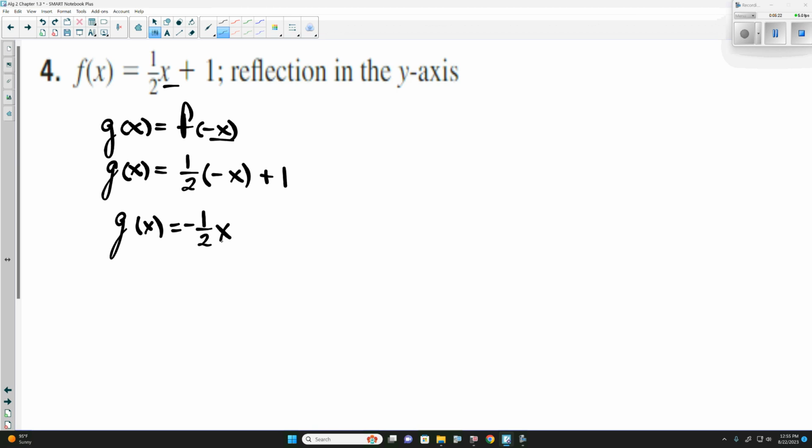And then we have our plus 1. So we just had to multiply those two together, and then we have our answer. Any questions on any of this here? Are you ready for the next part?